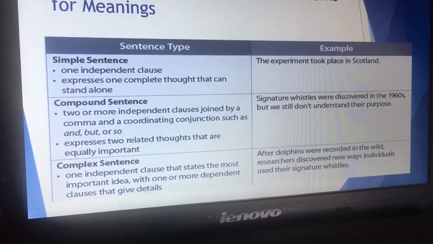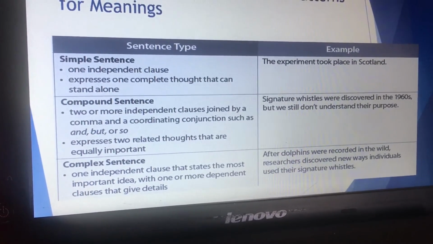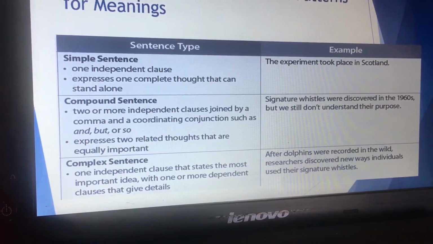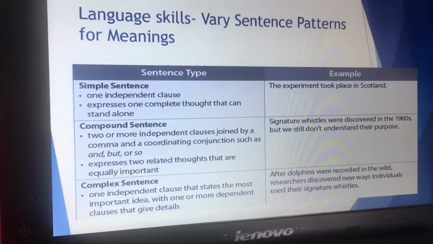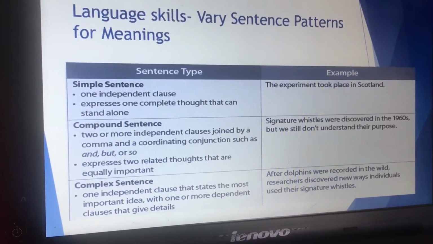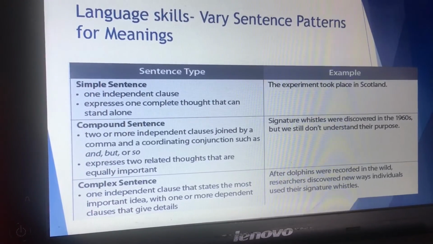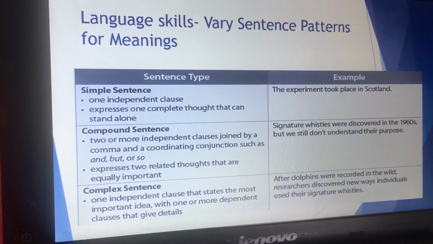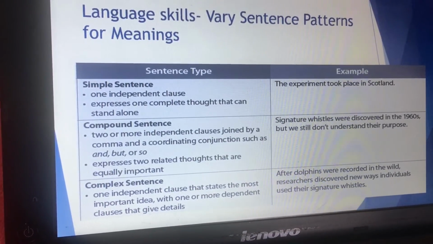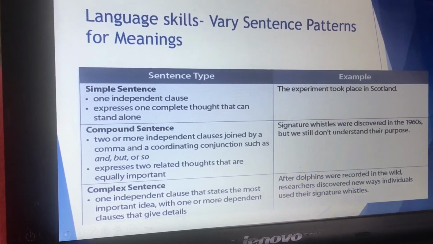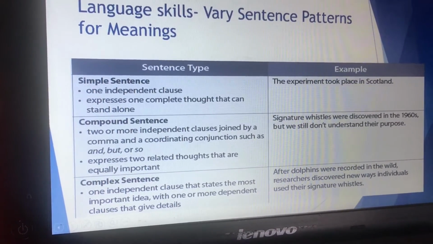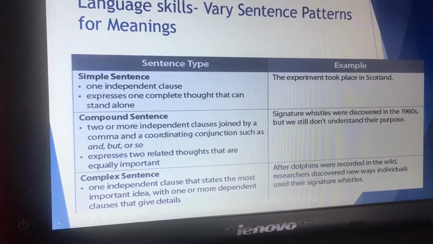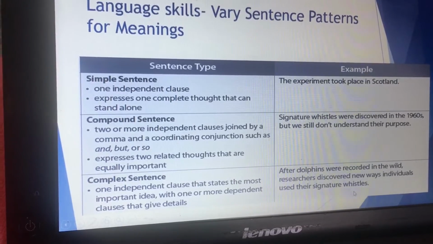Now, the first clause, after dolphins were recorded in the wild, is a dependent clause, which means that this is not a complete idea, though it has a subject and a verb. Now the second clause contains the main idea, which is researchers discovered new ways individuals use their signature whistles.